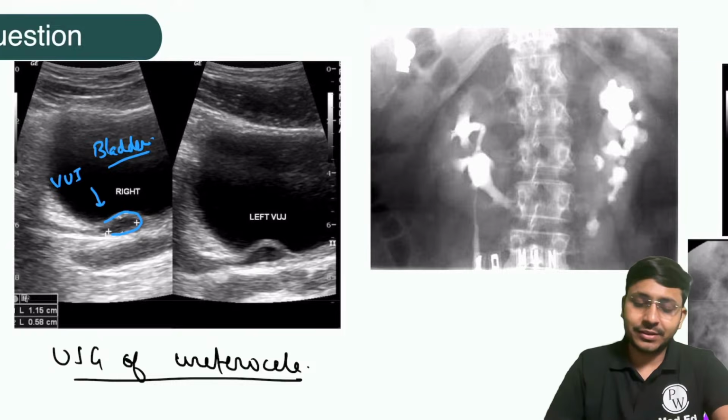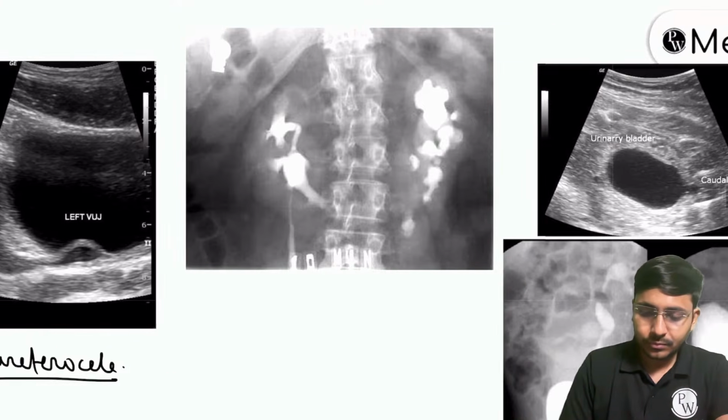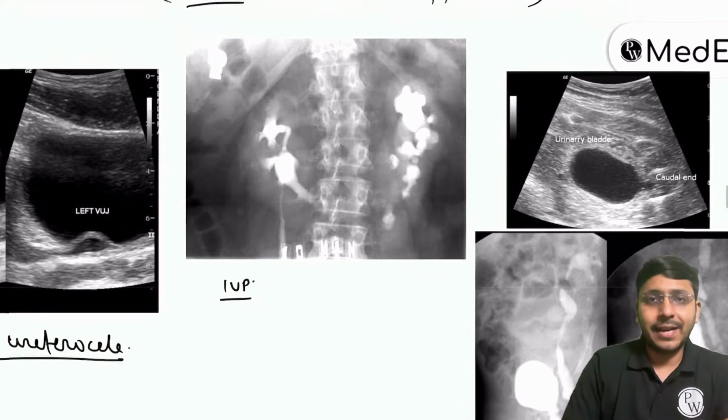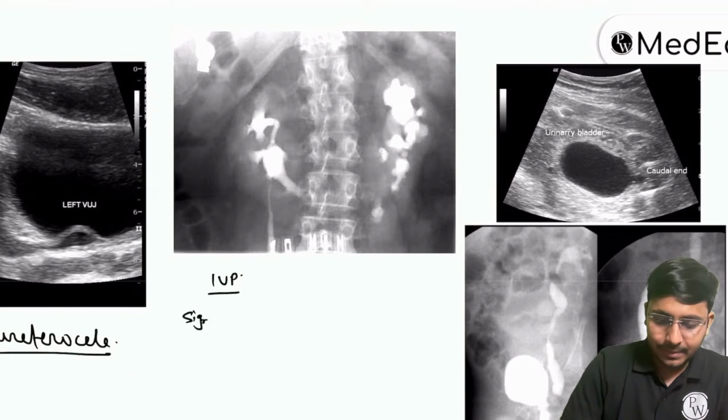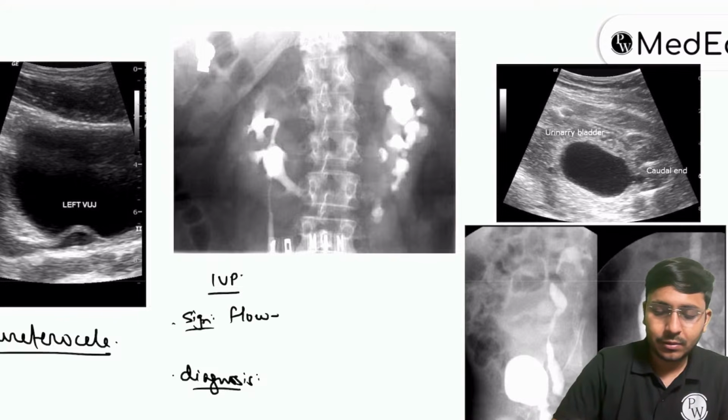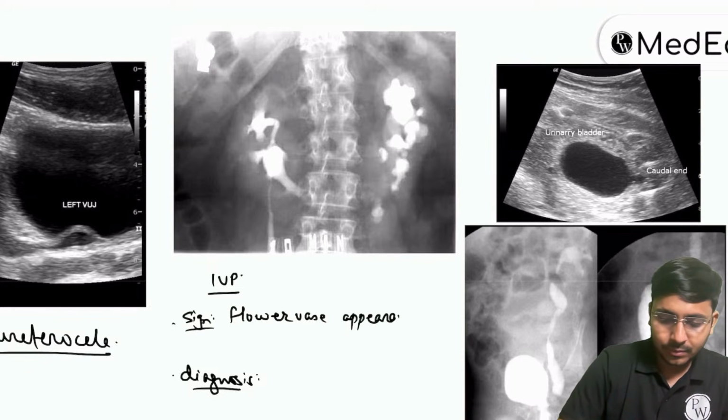This is not an MCU. This is an ultrasound. Now this is an IVP. And what is this sign known as? Tell me the sign and the diagnosis. The name of the sign is flower vase appearance, also known as shaking hand appearance.